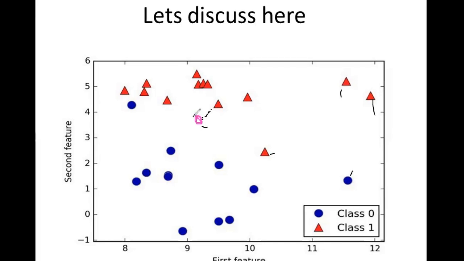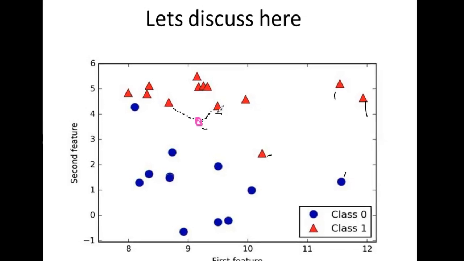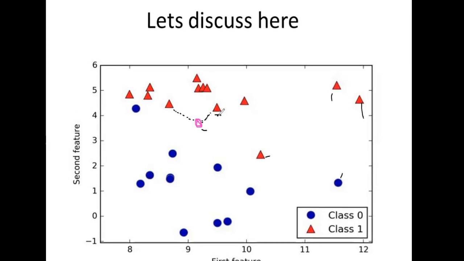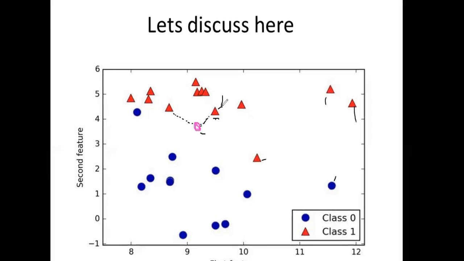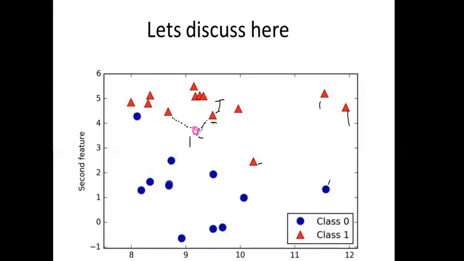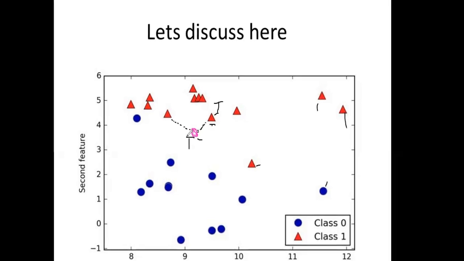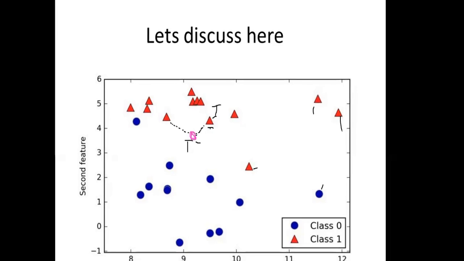After this we have this data point, but the closest one is this, so we only have to look at this one. What is the label of this data point? Its label is triangle. So my model will think, okay, this is a triangle, so this must be a triangle. This is how k nearest neighbors works.